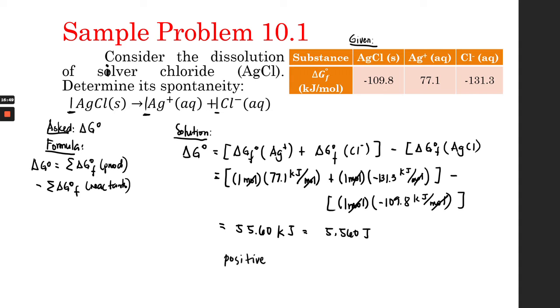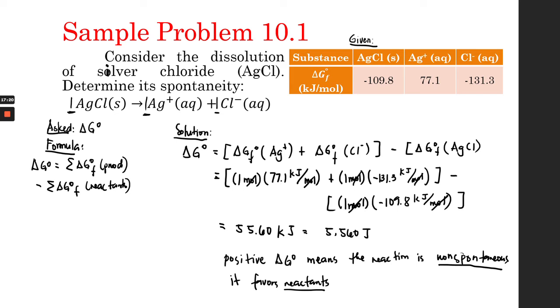you can see this is positive, delta G means the reaction is non-spontaneous. What do we mean by that? It favors the reactants.